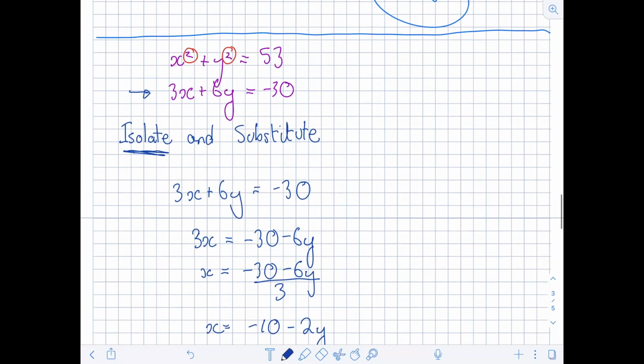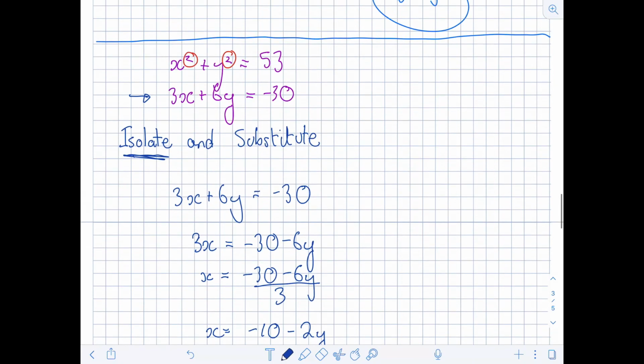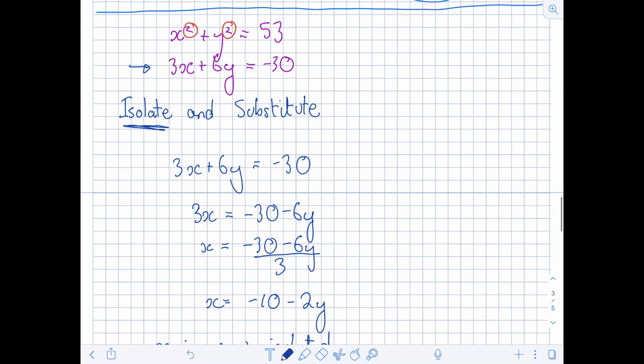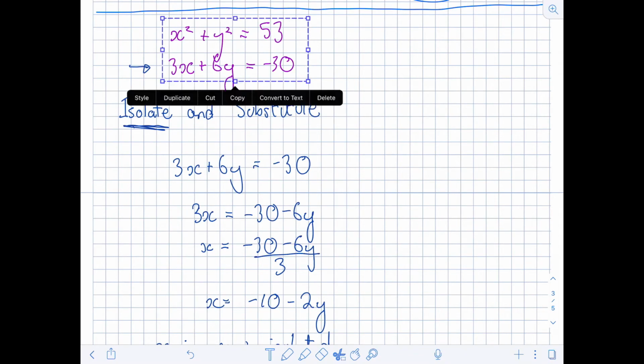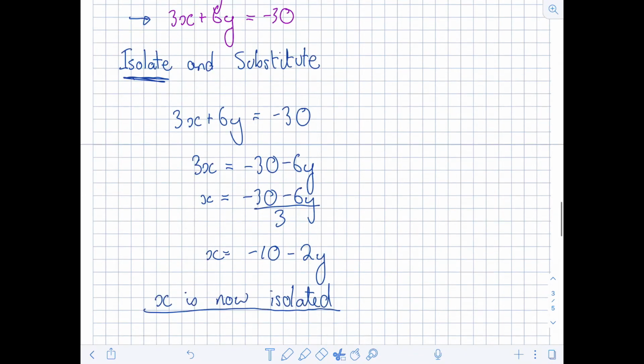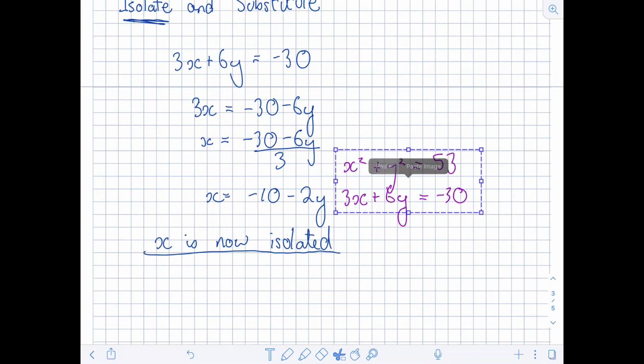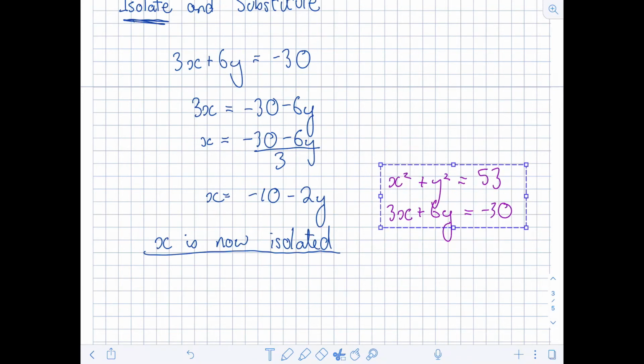So what does that mean? That means that in our original question, I might try and put it back here. I'm going to delete these here, grab them again, copy, go down here, paste. So we now have that x is equal to minus 10 minus 2y.